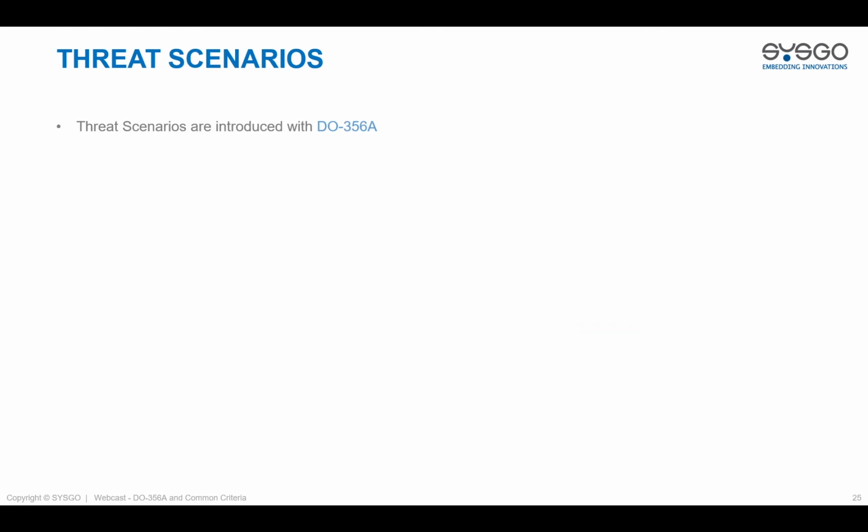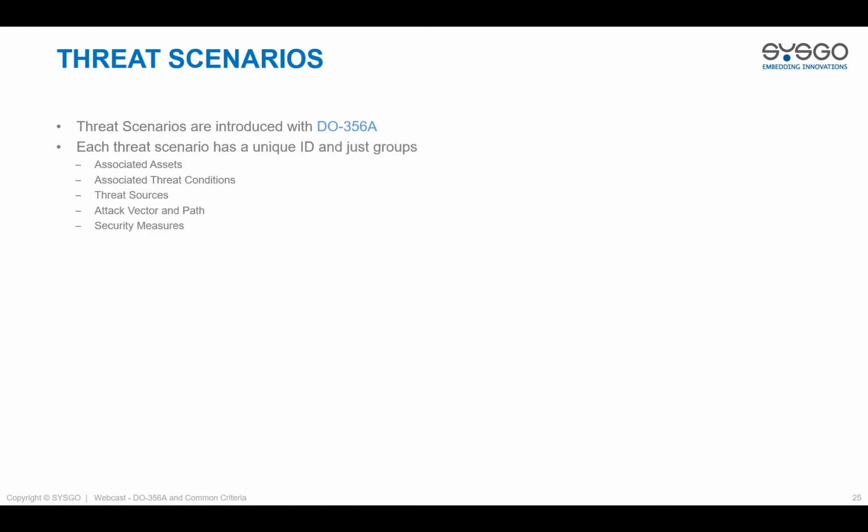Threat scenarios are introduced with the DO-356A, and they basically have a unique ID, and they just group the assets, the threat conditions, the threat sources, the attack vector and the path, and the security measures which have been defined to counterfight the threat conditions within the threat scenarios.